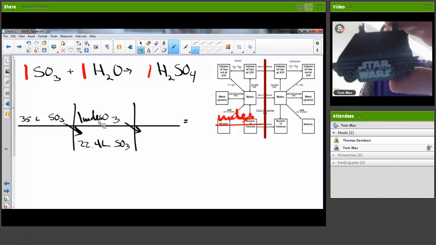All right, if mole SO3 is up here, what's down here? And what's in front of SO3? A 1. And the top here is mole of what I want. What do I want? H2SO4, that's a 1. So 35 divided by 22.4 is 1 point something. 1.4? 1.5? 1.6. Well, if you round up, then it's 1.6.